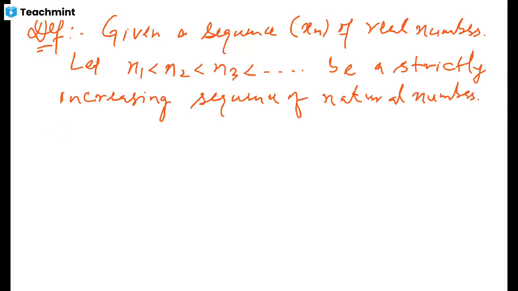Then now these are n1, n2, these are natural numbers, and these natural numbers are some indices of the terms of the sequence.